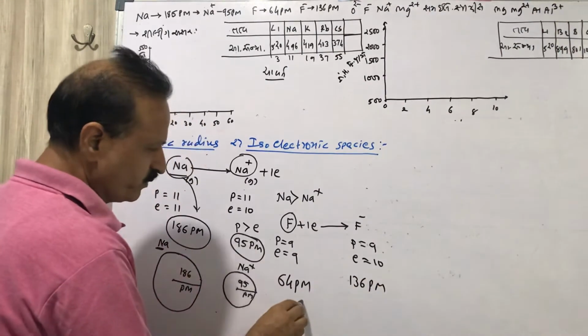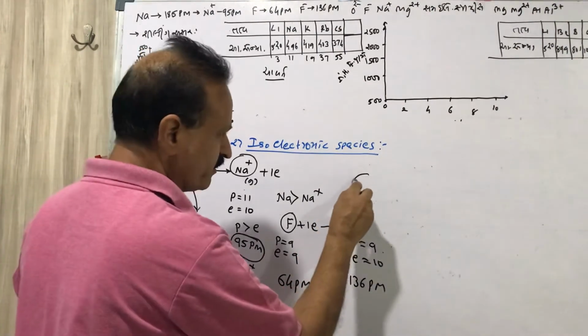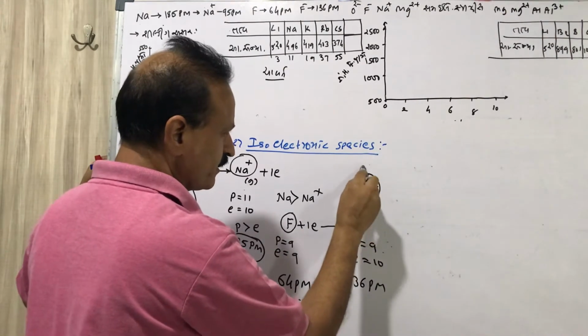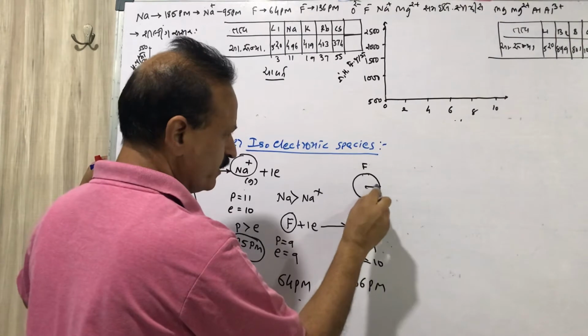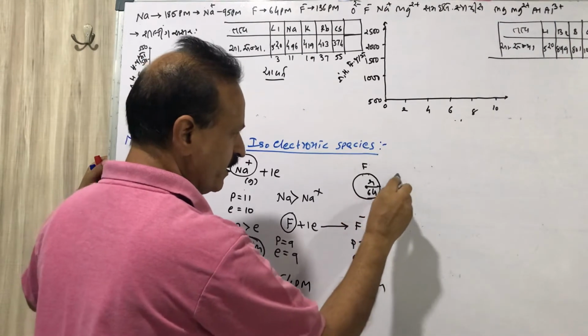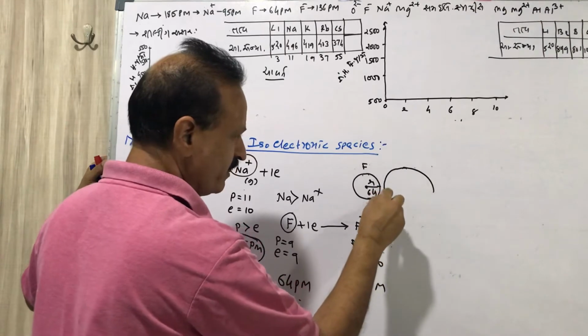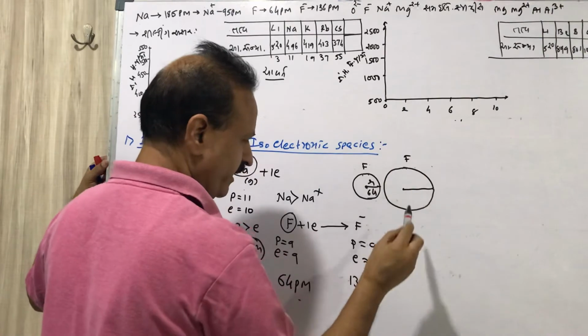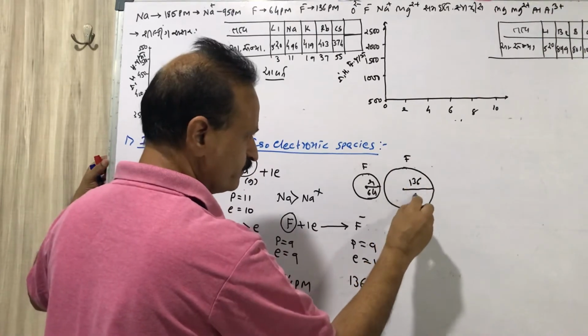It means the fluorine neutral atom has less size, this is the radius, it is 64, and the fluoride ion has the greater size, this is the fluoride ion, and it is 136 pm.